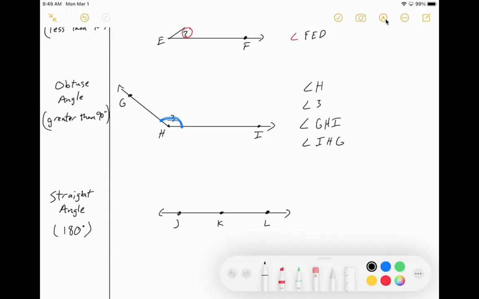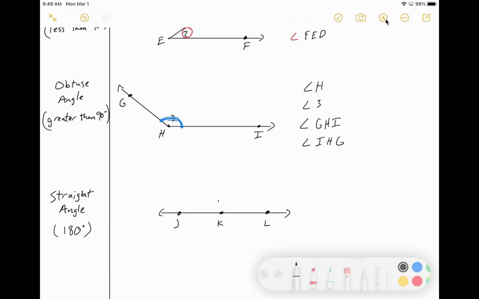Go ahead and name these angles, please. It's kind of weird. I know it doesn't seem like a straight line should be an angle, but it's a type of angle, and we call it a straight angle, which is a straight line.